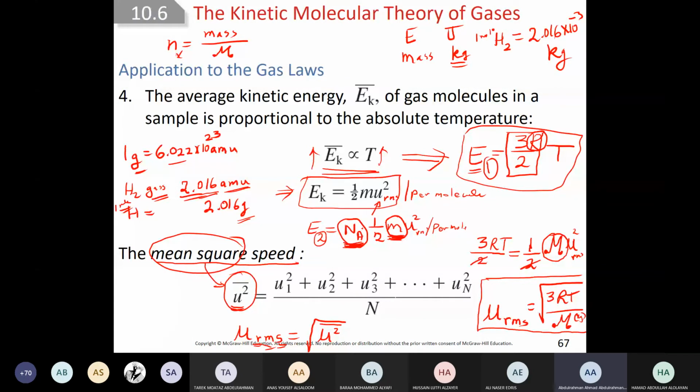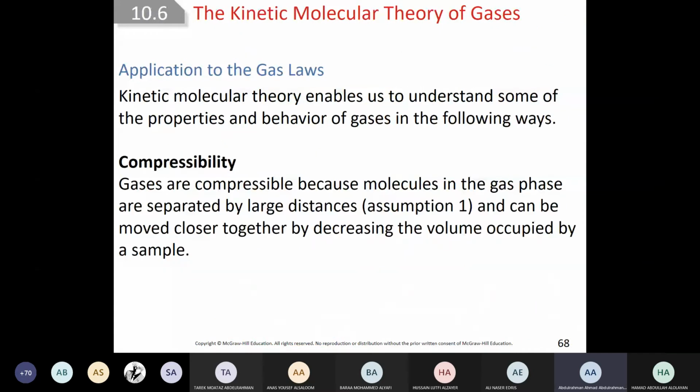You have to know the idea here only. We're not going to calculate it for molecules. Any question? You have to memorize this equation extremely well. Is this clear?